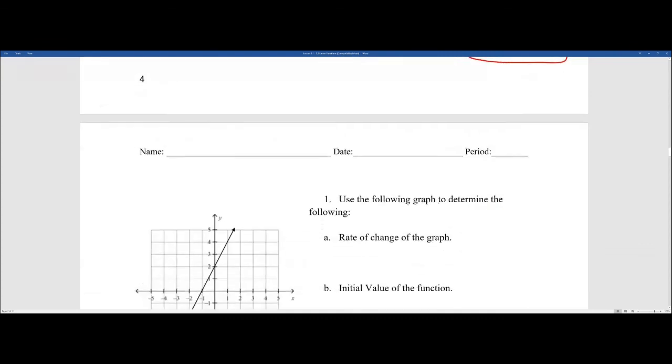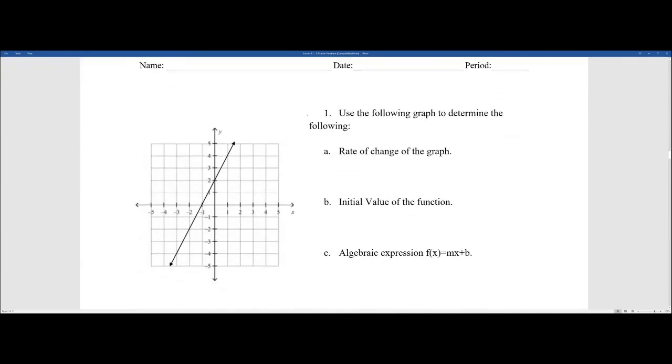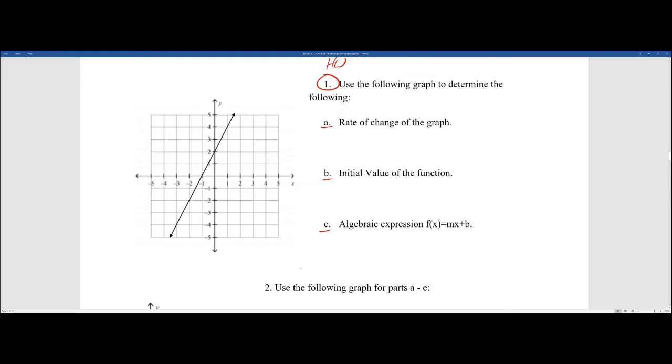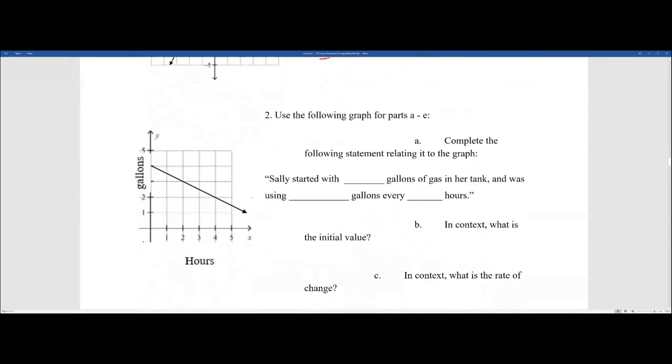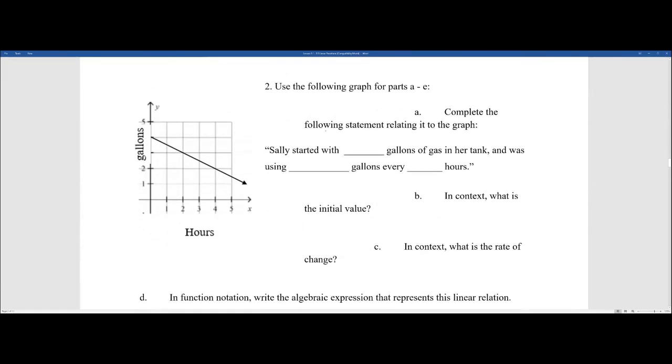All right, so our homework section is this page right here. So all the parts for number 1. Notice how there's no context. Just get your practice. Now, number 2 is definitely when context comes in. Sorry everything is kind of scattered over here, but your page should look just fine. Complete the following statement regarding the graph. In this situation, we have a story, so read the graph.